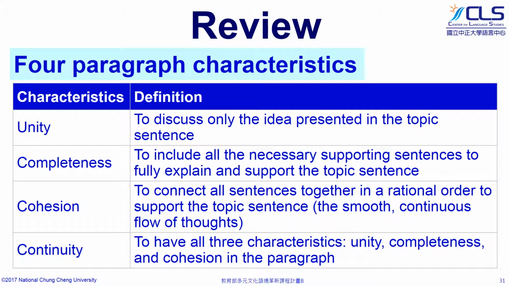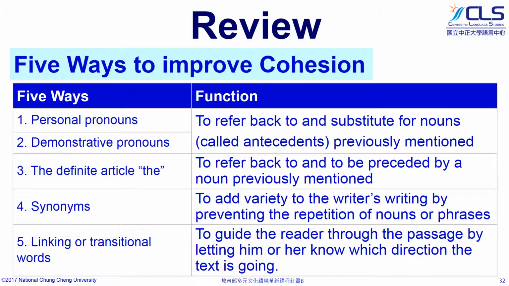First, when we write, make sure we connect all the sentences together following these 4 characteristics to help readers know what the paragraph is about more efficiently. Second, make sure we use the 5 ways appropriately to ensure the smooth flow of ideas when we write.